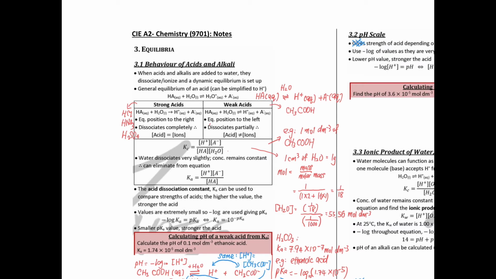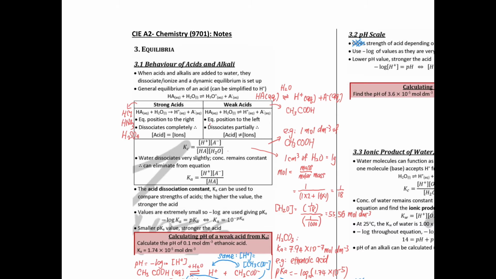You don't use the initial concentration. I don't want to make it too complicated first, so you just remember it: for a strong acid, we can't use Kc or Ka.